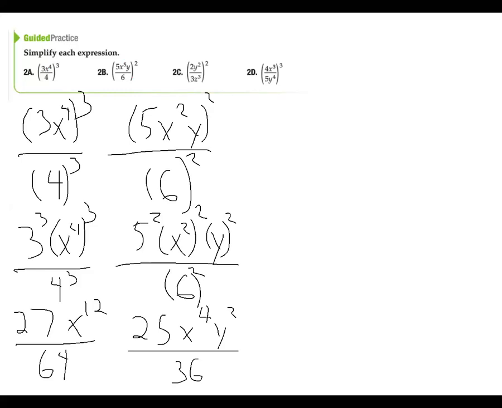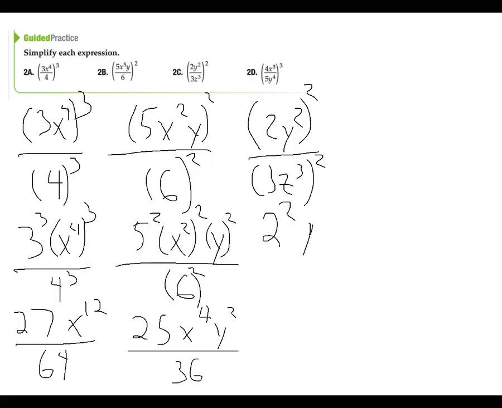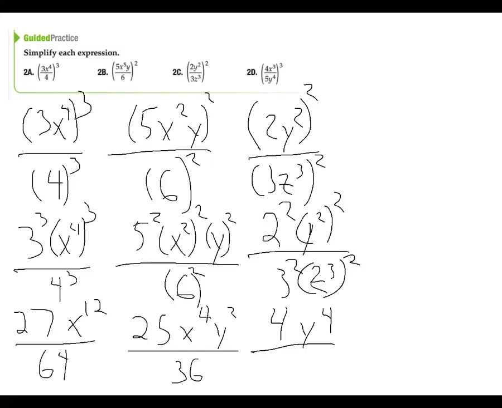Next one, you would have 2y squared squared over 3z cubed squared. So that would give you 2 squared y squared squared over 3 squared z cubed squared, which would be 4y to the 4th over 9z to the 6th.